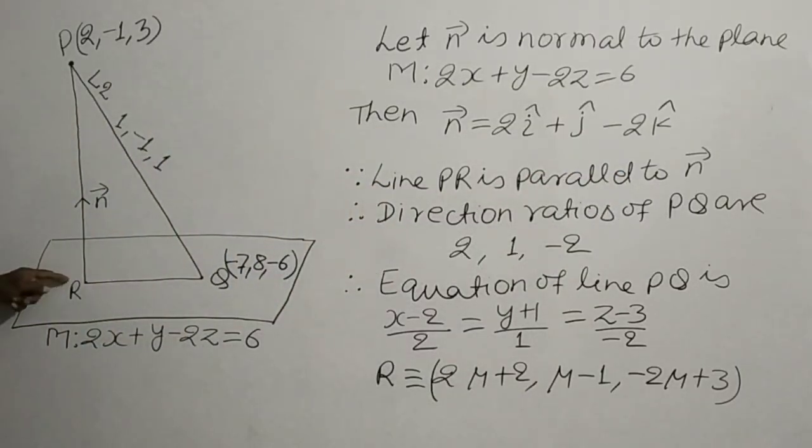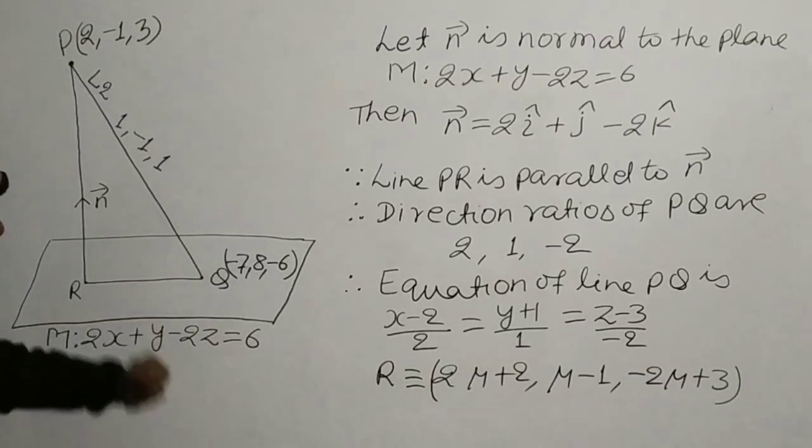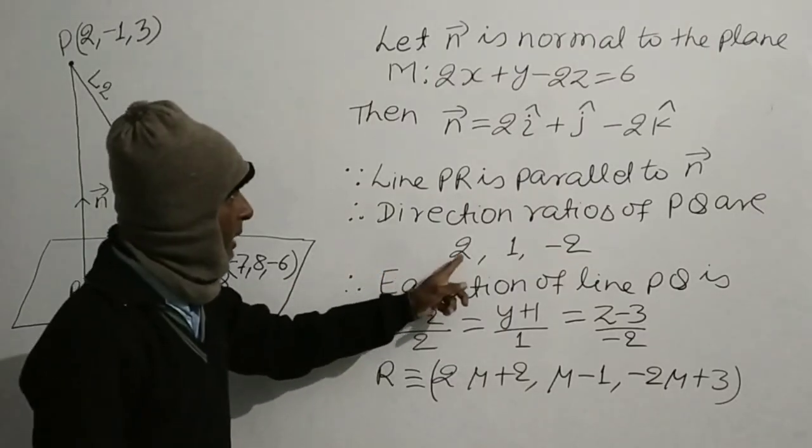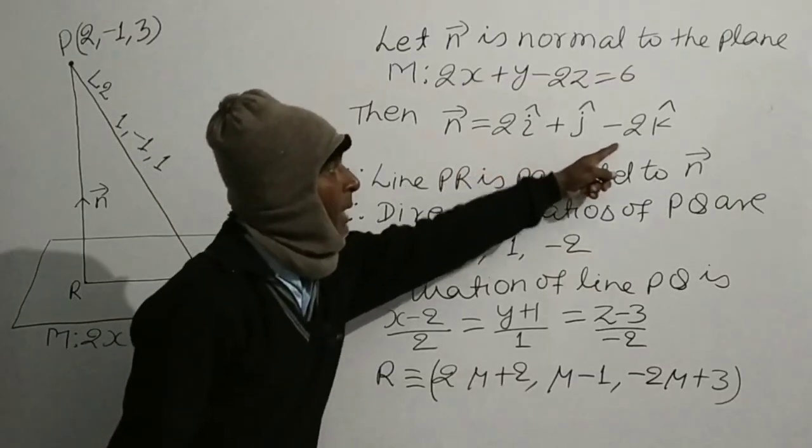Since PR is parallel to this vector n, because n is perpendicular to the plane and PR is also perpendicular to the plane, therefore PR is parallel to this normal vector n. Therefore direction ratio of this line PR will be 2, 1, minus 2.